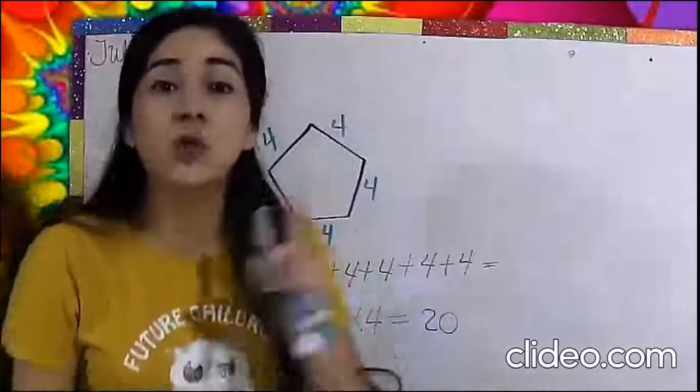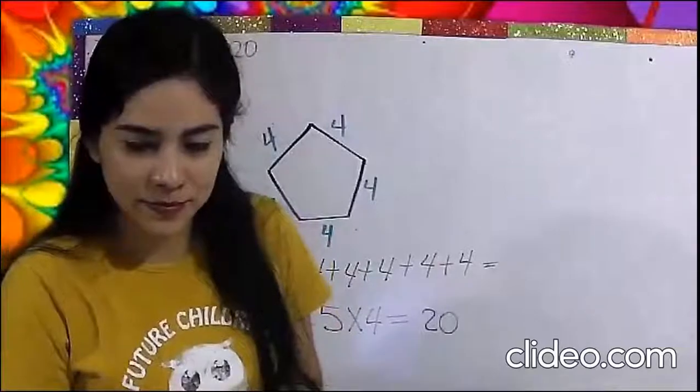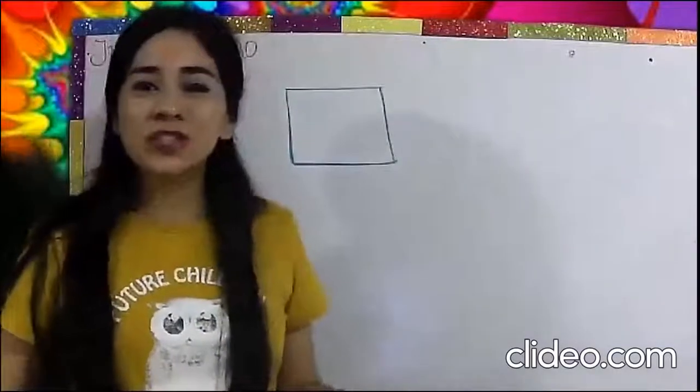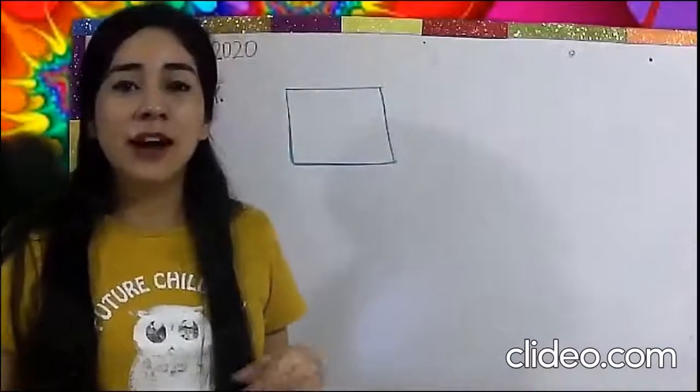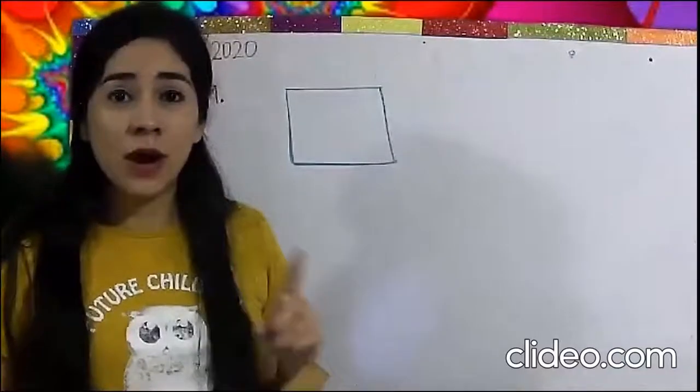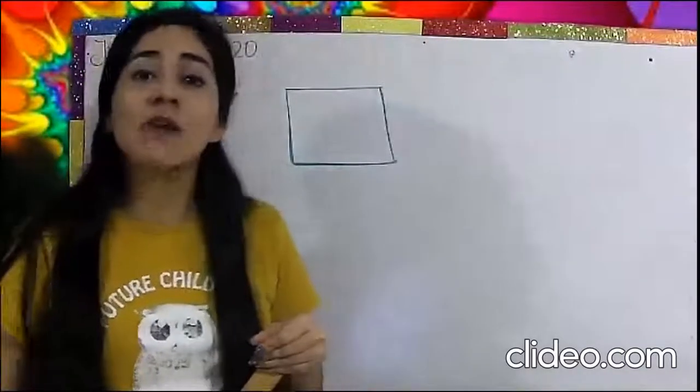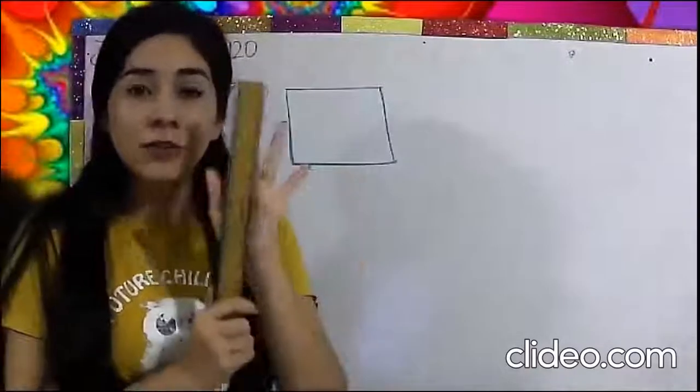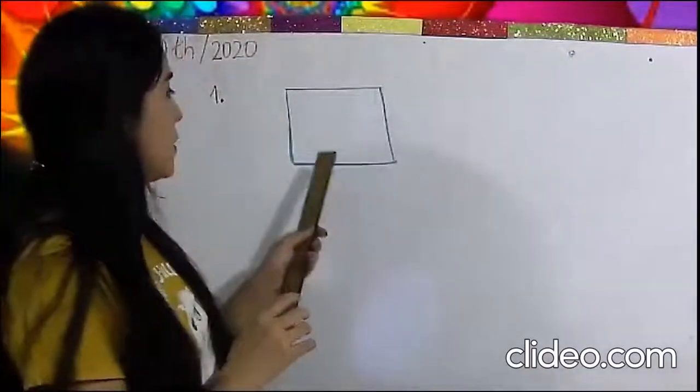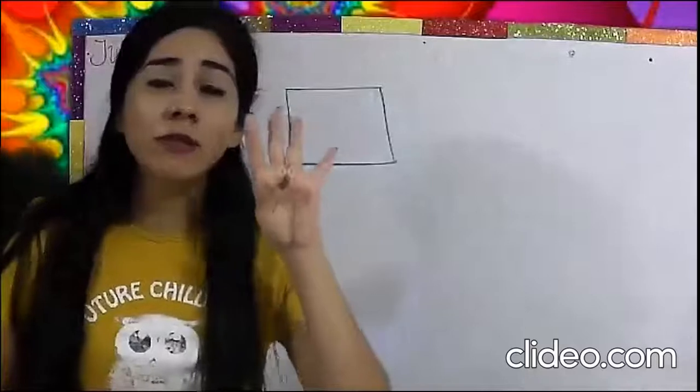Okay, now let's continue with the book. Let's go to page 154. Guys, in point number 1, it's easy because you have to take the ruler to measure the shapes. There are 4 rectangles.